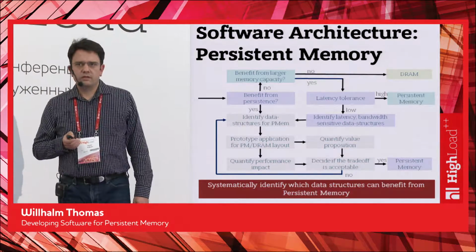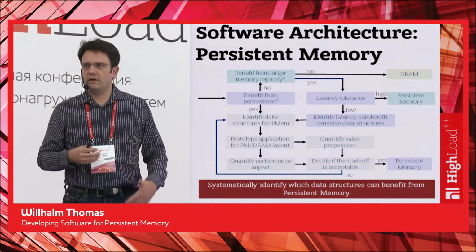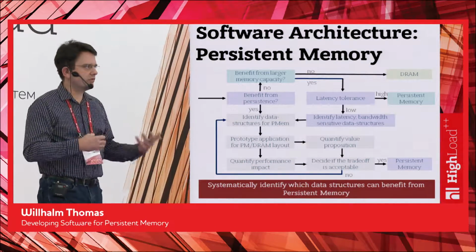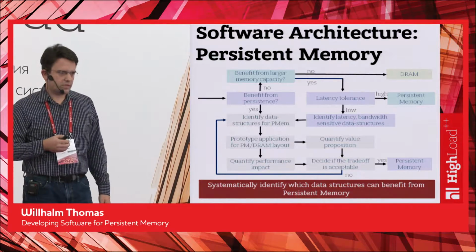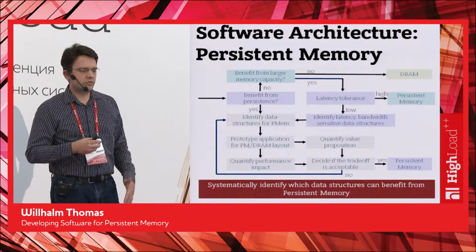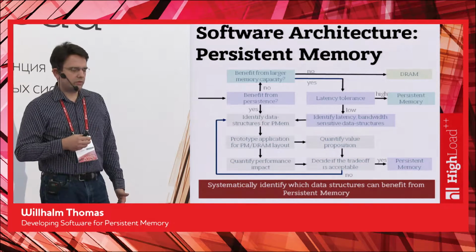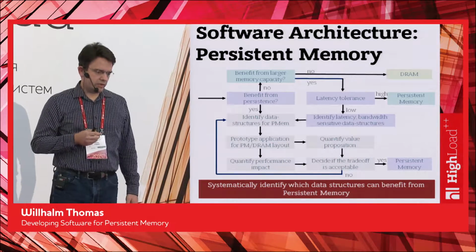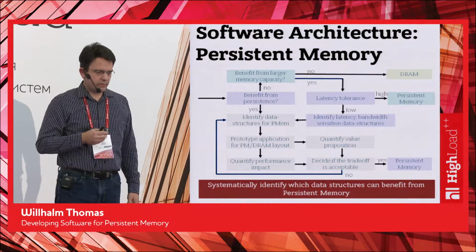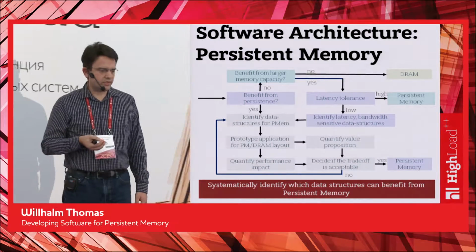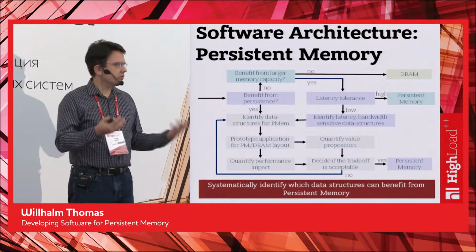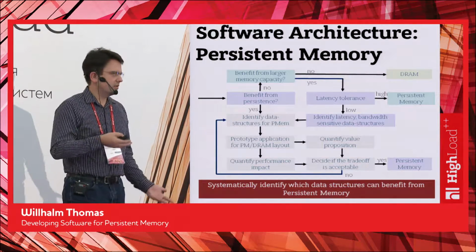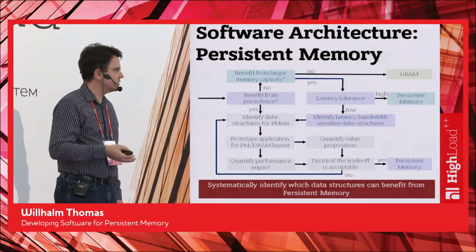This is a flow chart that you can use to decide for what data structures you want to use your persistent memory and where you want to still continue using DRAM. When your data is not benefiting from persistence, you need to decide whether you would benefit from the larger capacity. If this is not the case, you might be better off just continuing to use DRAM.